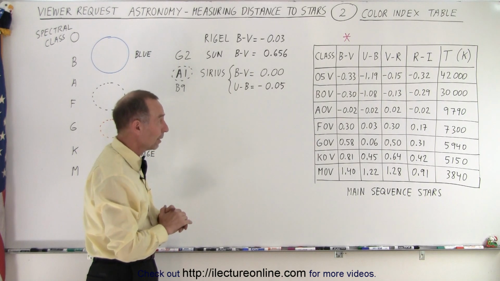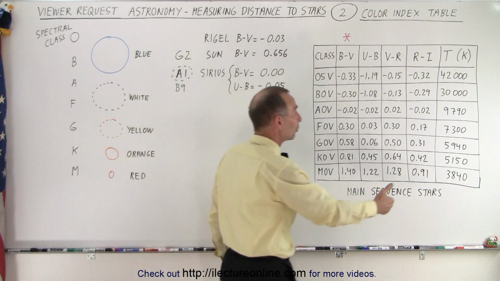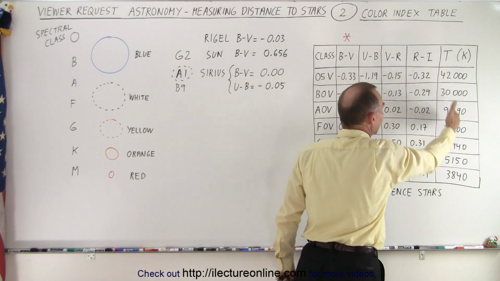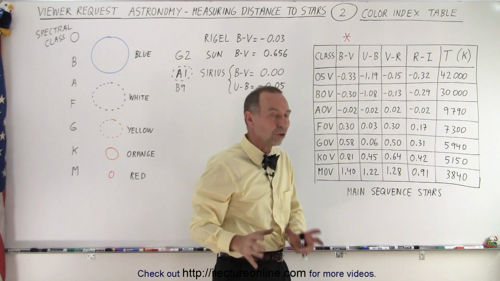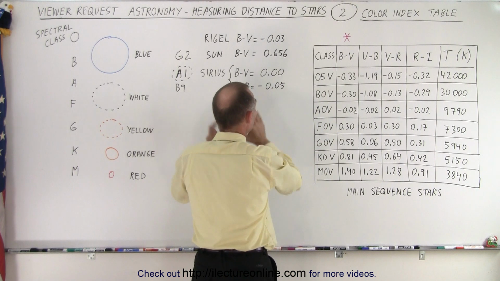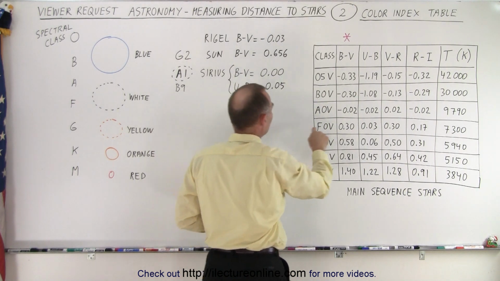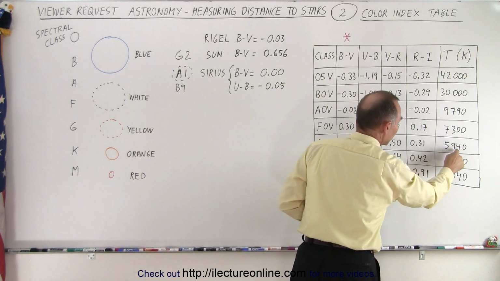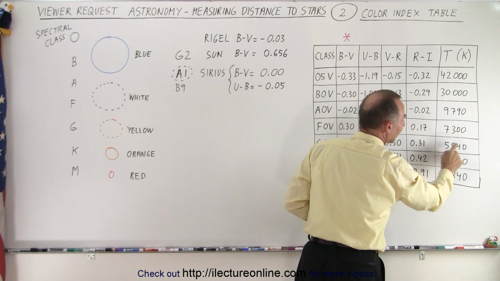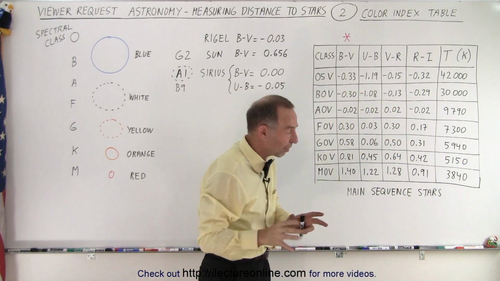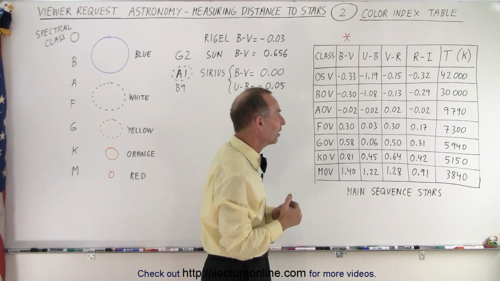But then if we take a look at the final column right here, that's also associated with the calculated surface temperature based upon the color index. So for the Sun being a G2, it would be a little bit cooler than 5940, which is about correct because the Sun's temperature is just below 5,800 Kelvin.